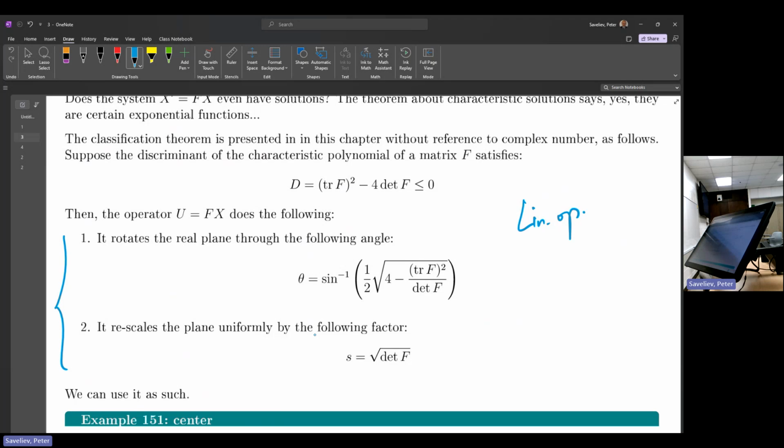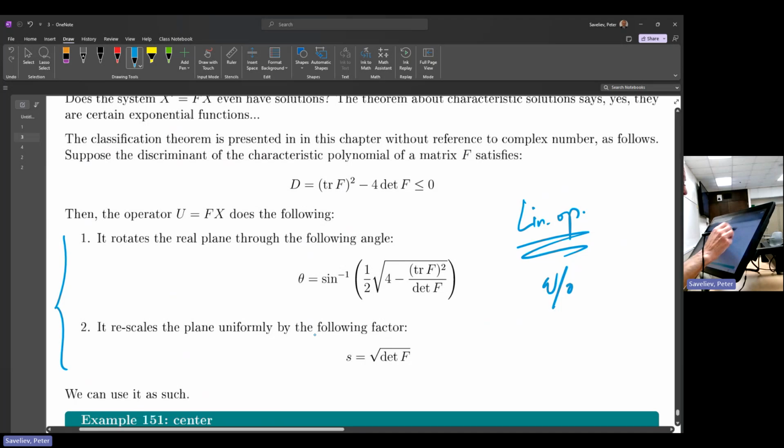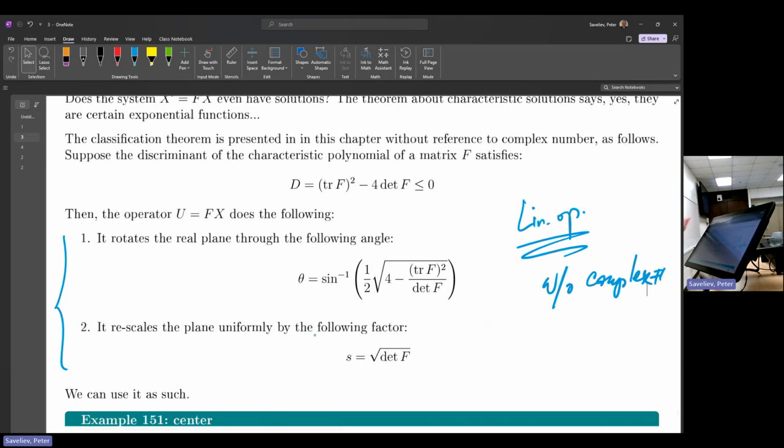That's the special case of the negative discriminant. And that is kind of productive, so we can say things without complex numbers. Let's take that theorem and see what effect it has, and then complex numbers really confirm how this works out.